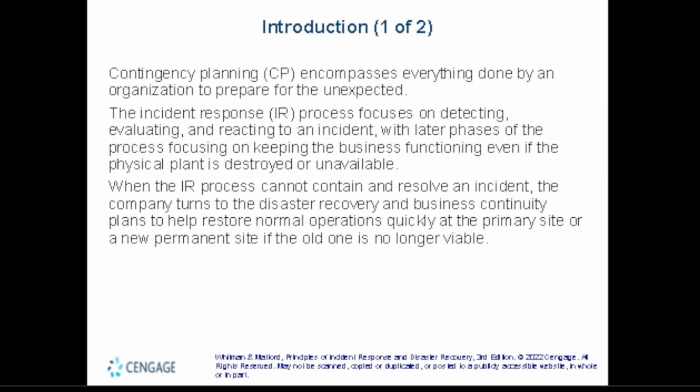The response is responding to the exact incident. Other phases have to do with functioning of the business. You want to keep the business going as you evaluate how you have to deal with the disaster.